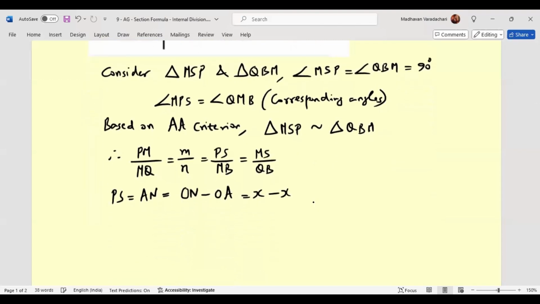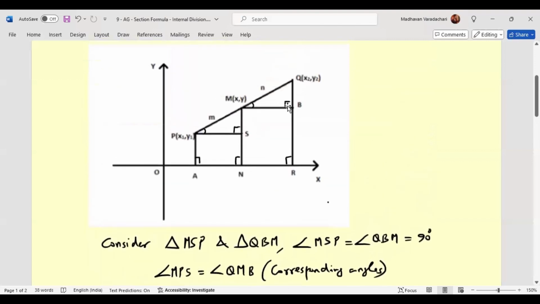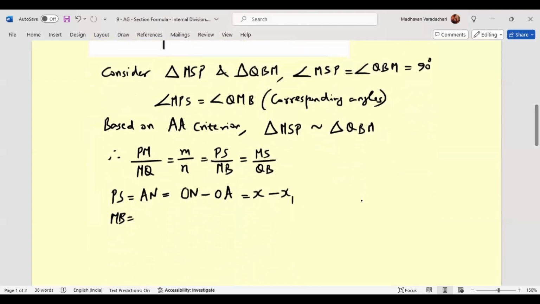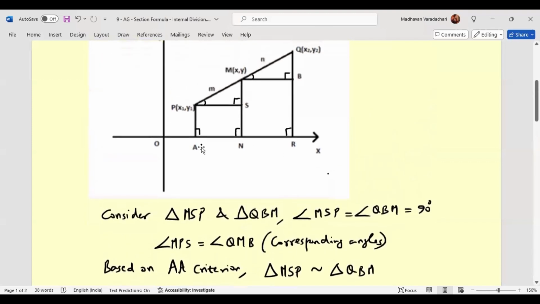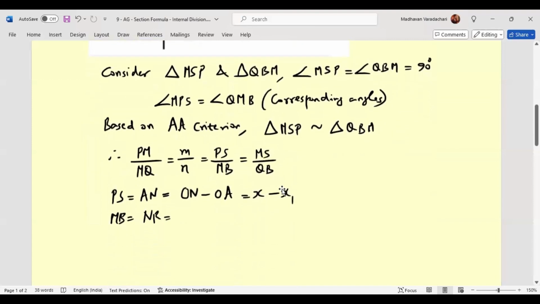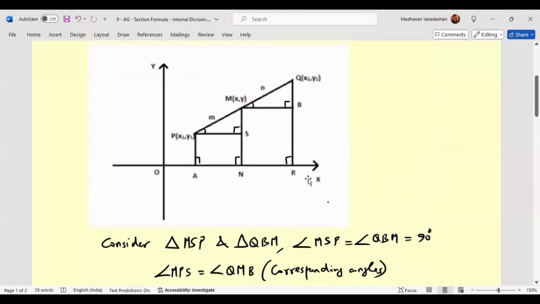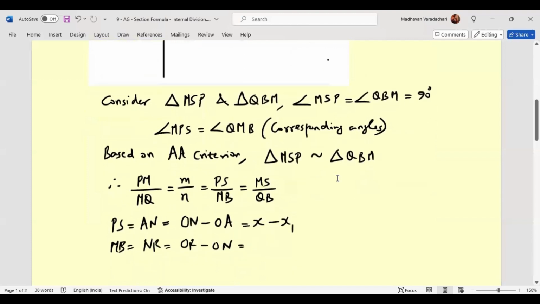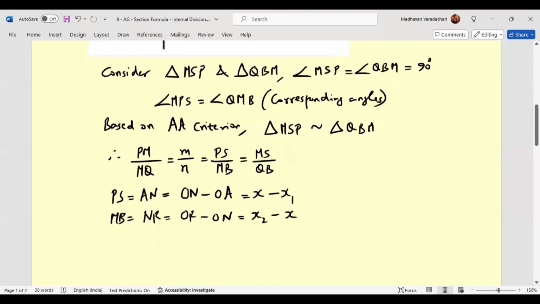Then MB is the same as NR. And what is NR? NR is OR minus ON. What is OR? OR, the corresponding x coordinate, is x2. So it is x2 minus ON, which is x.